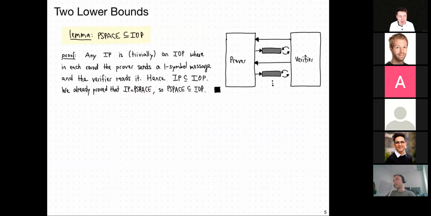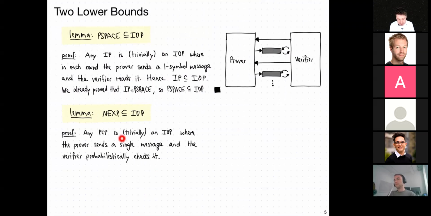So that hopefully is clear. I just went through it again because now we had the definition and I could say it slightly more precisely. Another lower bound is next, which might be a little unclear why, but let's explain it. Any PCP is trivially an IOP where the prover sends a single message and the verifier probabilistically checks it.